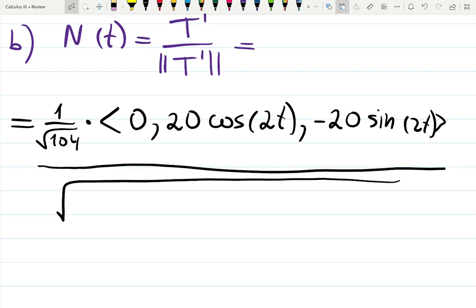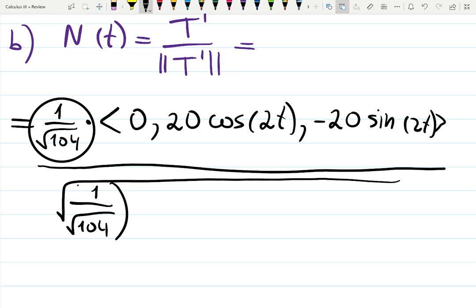And then this piece is factored out, and it will be 1 over a square root of 1/4, squared, right? It is factored out.